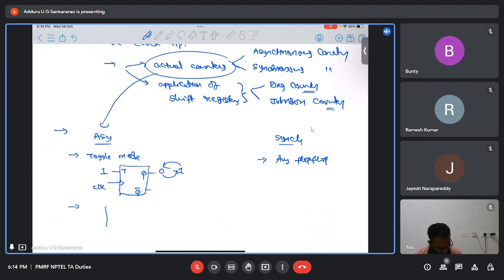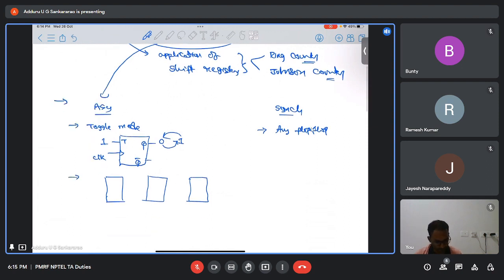Let us see a 3-bit asynchronous counter. It will have three flip-flops, with J and K inputs and Q and Q bar outputs: flip-flop 1, flip-flop 2 and flip-flop 3.